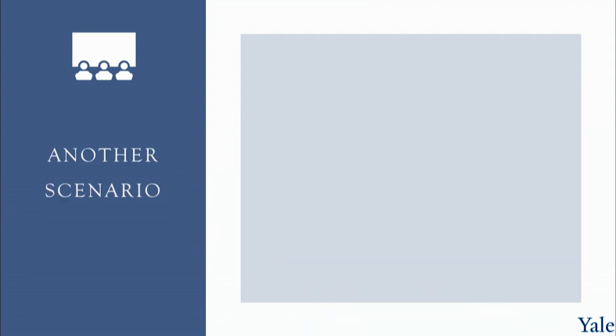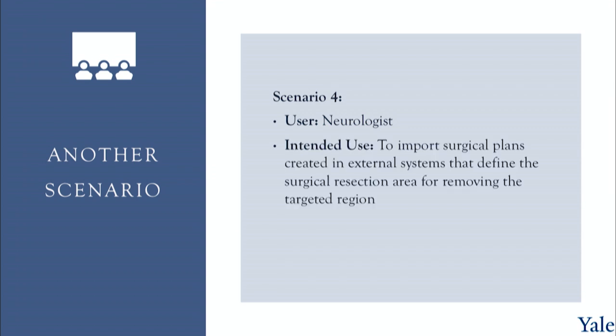Let's look at another scenario. This is scenario 4 in this design. The intended user is a neurologist. It's another kind of doctor that studies brain diseases. The intended use is to import surgical plans, created in external systems, that define the surgical resection area for removing the target region. So for example, if this is the brain, we may have decided as part of our discovery phase that this is the part of the brain that needs to be removed.